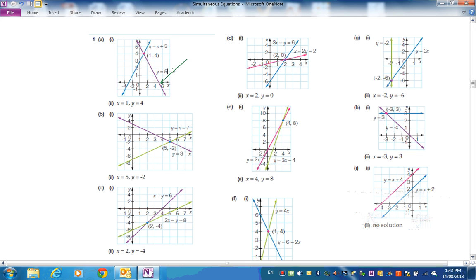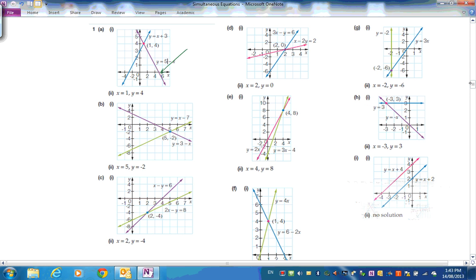All right, check your rearrangements as well, and whether you're able to do it with technology. And we'll just put this last one up here, part F there. Down the bottom. Okay, so there you are. Have a look at this one. Did you get that? No solution because the lines are parallel. All right. Okay, mark your work. Have a bit of fun with that.